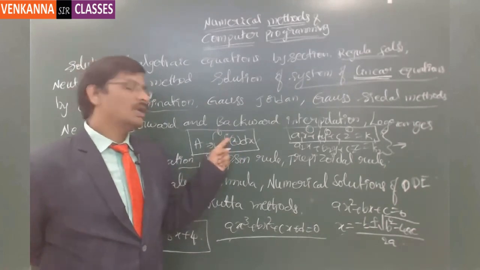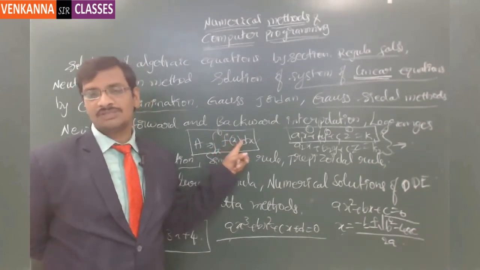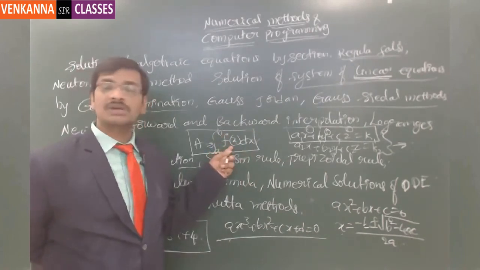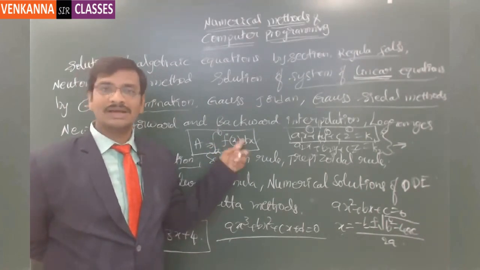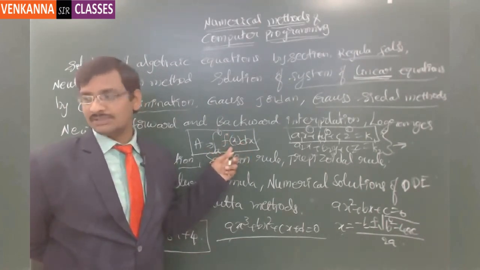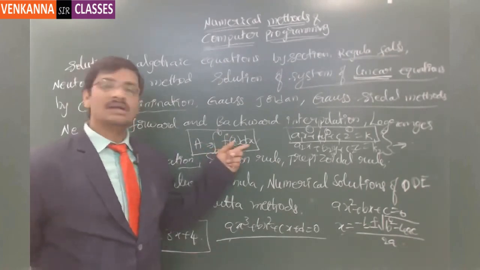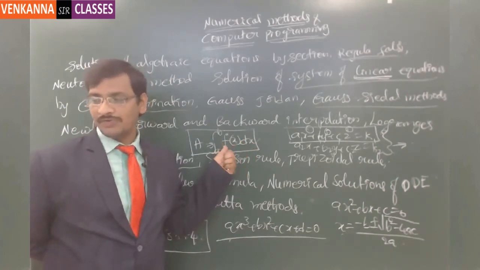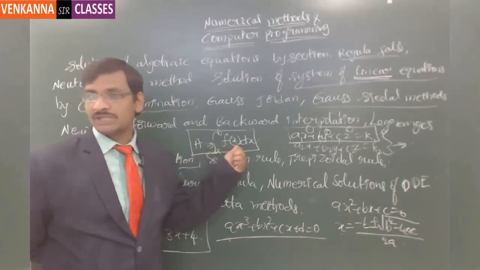If you are able to analytically find the solution for any random function f of x dx, then that should be fine. Suppose it is a very complicated function, then it is very tough to find the integration with analytical methods. There we will take the help of computers, and there are different methods available to find the area under the curve of f of x, which we indirectly call the integration of f of x with respect to dx.